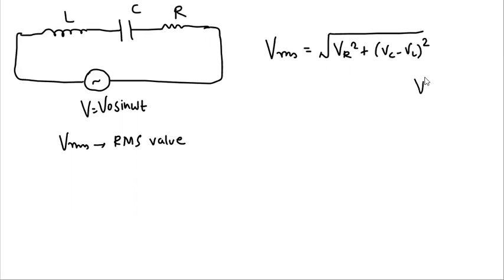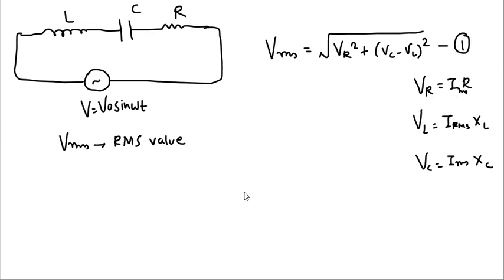Now we know that the voltage across the resistor will be IRMS into R, the voltage across the inductor will be IRMS into XL, and the voltage across the capacitor will be IRMS into XC. If I put all the values in this formula, equation number 1, I'll get VRMS equal to IRMS times root of R square plus (XC minus XL) whole square.